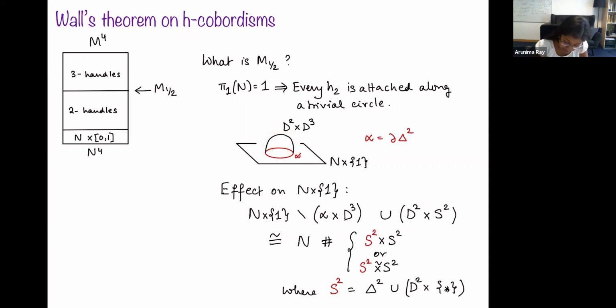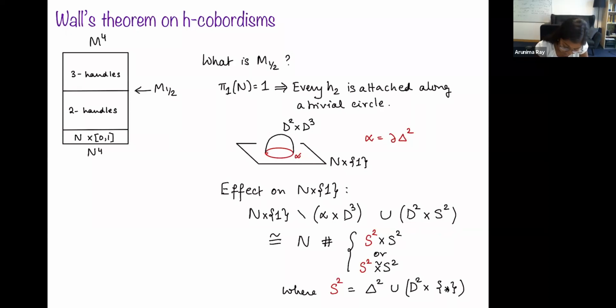So what I notice is that I start with N cross 1/2, and I have to remove the attaching portion of the boundary from N cross 1/2. So that's alpha cross D3. That's removed from N cross 1/2. And then I have to add in the rest of the boundary of that 2 handle. That's a D2 cross S2.